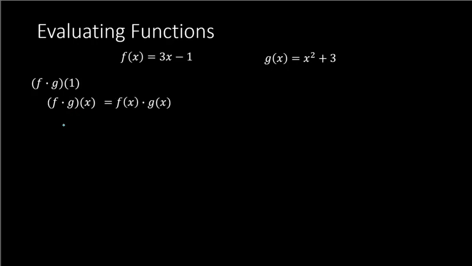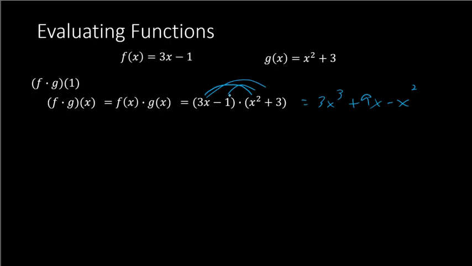That is the same thing. So we can take 3x minus 1, multiply that with x squared plus 3, and when you do that, we can FOIL. We get 3x cubed, and then 3x times 3 is 9x. Negative 1 times x squared is negative x squared, and then negative 1 times 3 is negative 3. All right, so you can distribute like that, and we're going to get this right here.